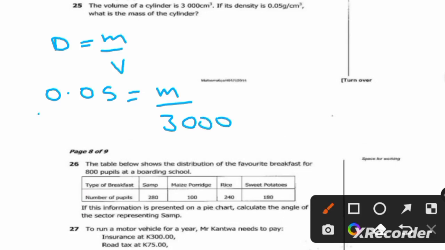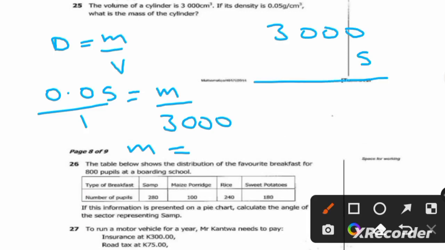Here we are going to do a cross multiplication. So 1 times m is equal to m. Then 0.05 times 3000, let us do this. We are going to ignore the decimal point.